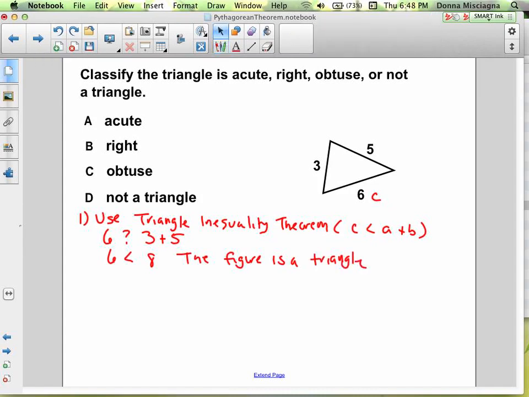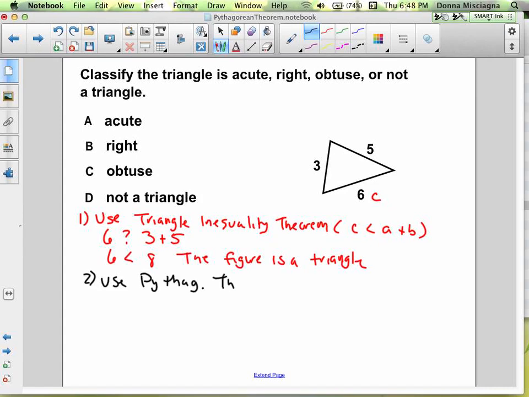Now let's use the Pythagorean theorem to classify. So c squared, I'll put a question mark here, is it the long side squared, side squared plus side squared?